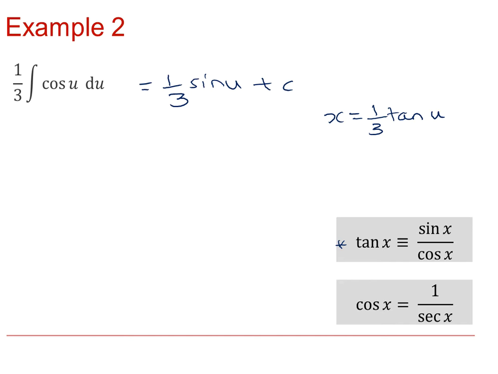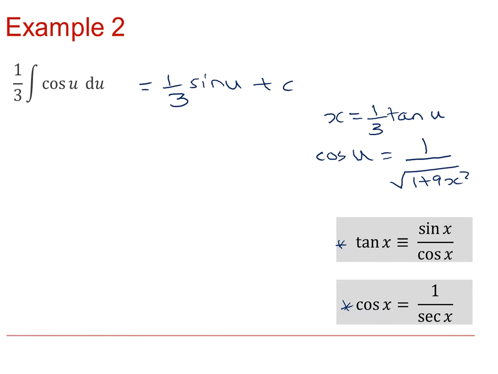Cos u will be 1 over sec u, which is also 1 over the square root of 1 plus 9x squared, using this reciprocal and also the identity that sec squared u equals 1 plus tan squared u.